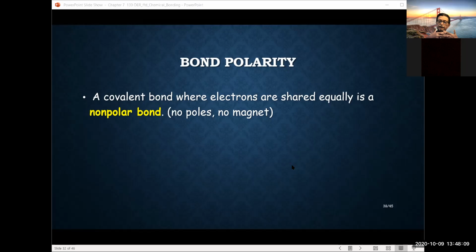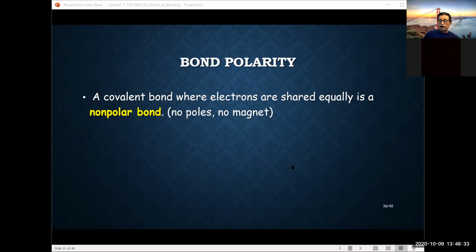There's an actual bond and there's sharing of electrons between two atoms. When there's equal sharing, we have what I've stated before, what we call a non-polar bond. The term polar sometimes confuses people, but if you think about it, there's a lot of examples around us that you're familiar with. The Earth, for example, is polar. We get a North Pole and a South Pole.